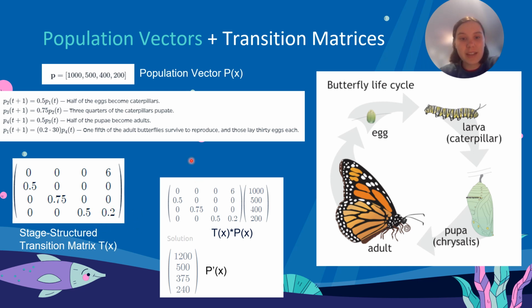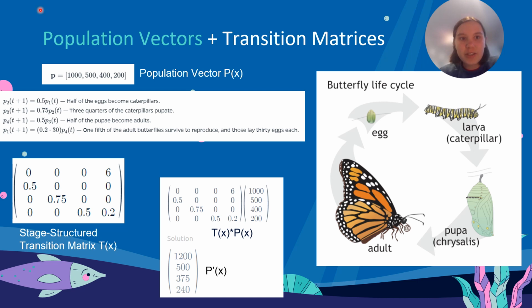So that's a fifth of all the adults. Of the 30 eggs, we multiply by 0.2 and we get 6, because we're not going to have 30 eggs from everyone.